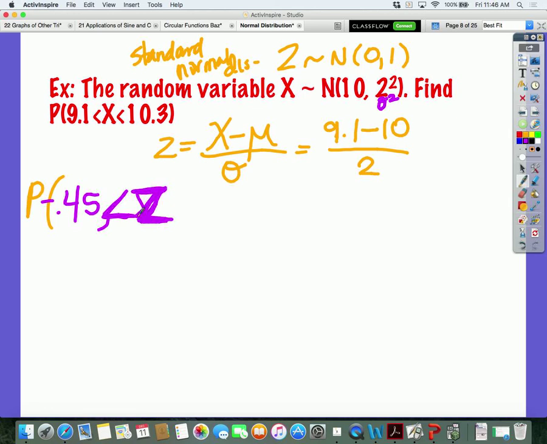So we're converting to a standard normal distribution. The x is going to turn into a z, and that 9.1 is going to turn into negative 0.45. And then to change this one, we're going to do the same thing except plug in 10.3 for x. And what do you get?